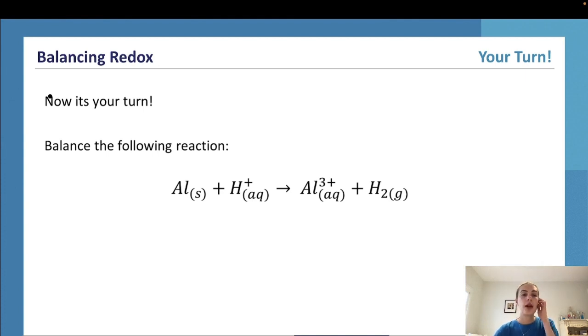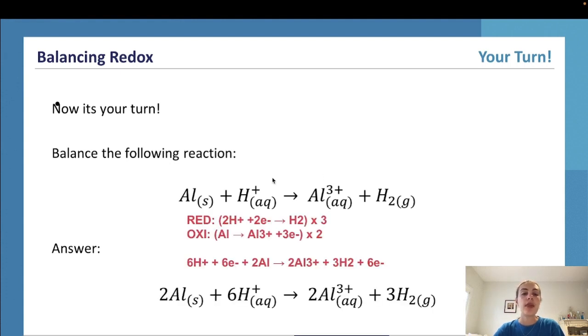Okay, so now we'll go through the answer for this one here. So we've got aluminium solid plus hydrogen ions makes aluminium 3+ plus hydrogen gas. So with this one, we first of all need to identify what is being oxidized and what is being reduced.